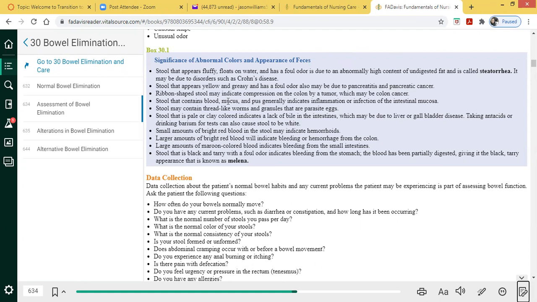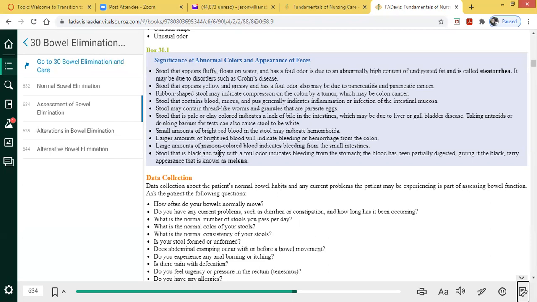It points out that individuals with ribbon-shaped stool may indicate compression of the colon by a tumor. If you have a tumor growing inside the intestines, it may actually change the form of the stool, where the stool appears as a ribbon shape. That may be an indication of cancer.